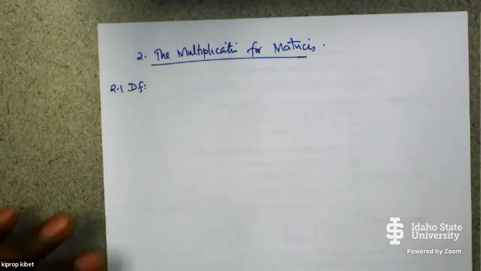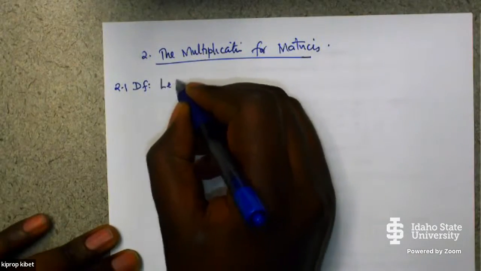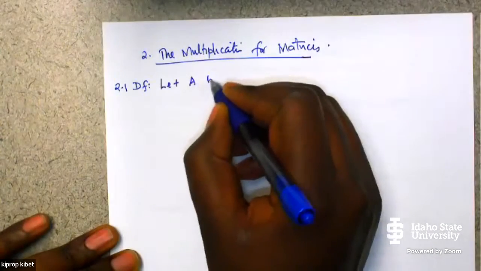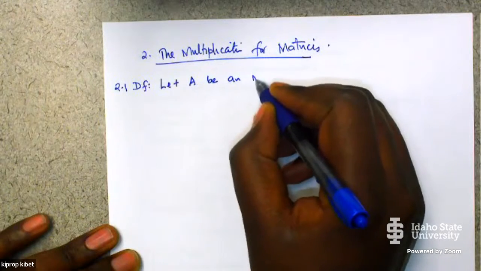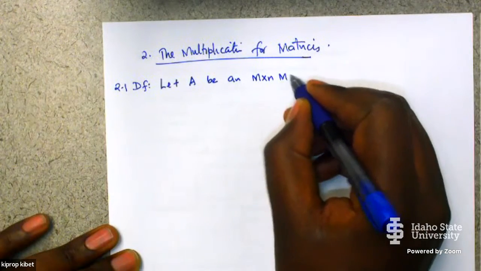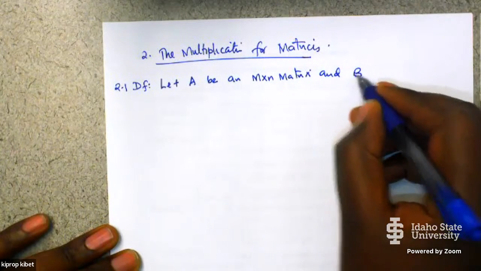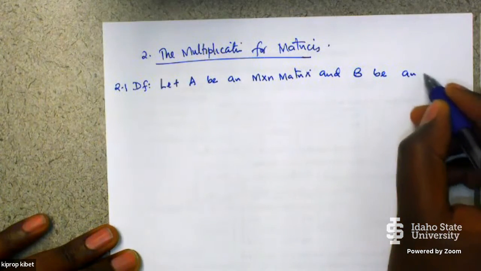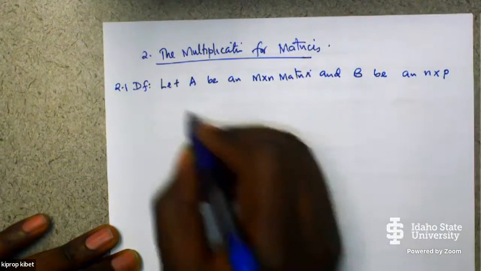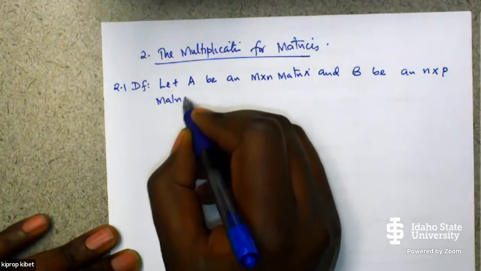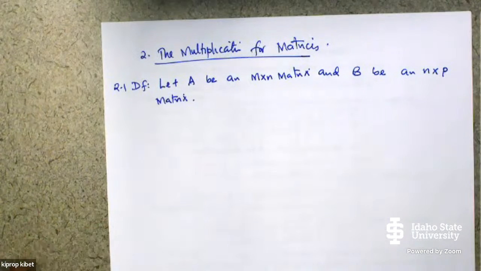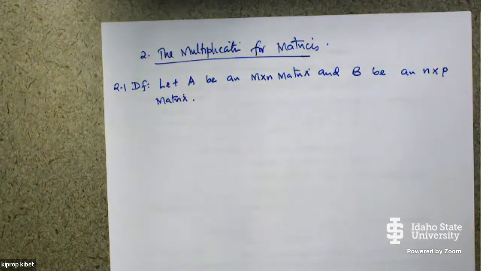Now, we let A be an M by N matrix, and B be an N by P matrix.